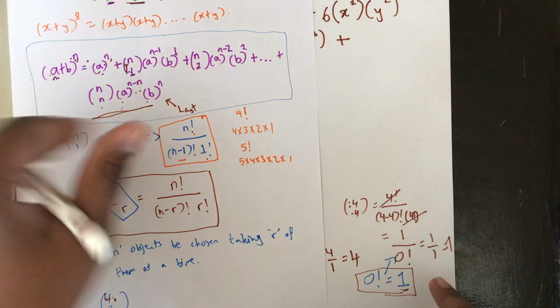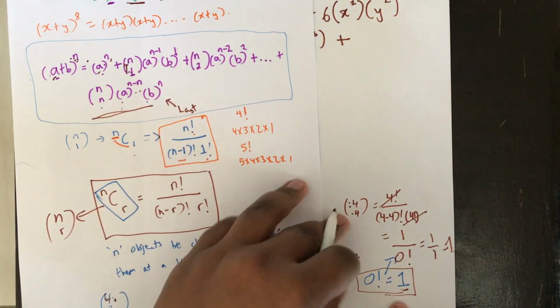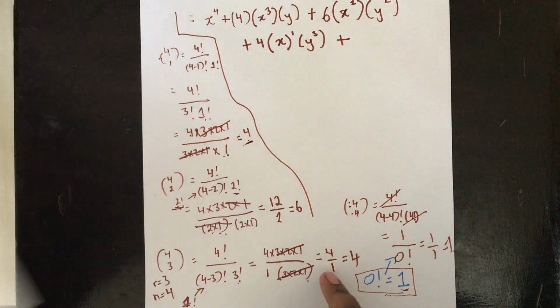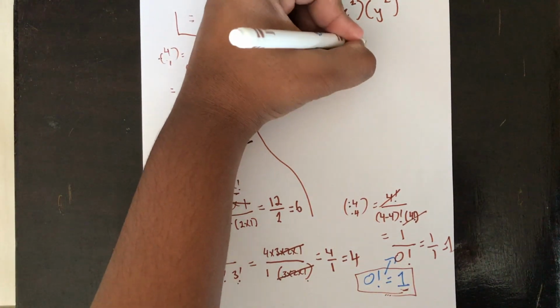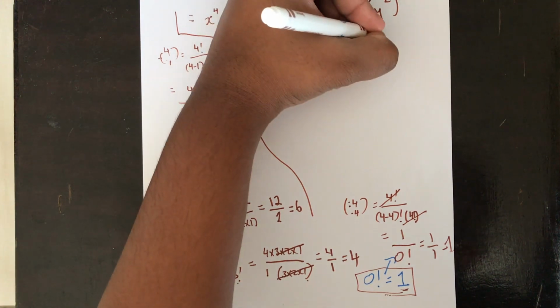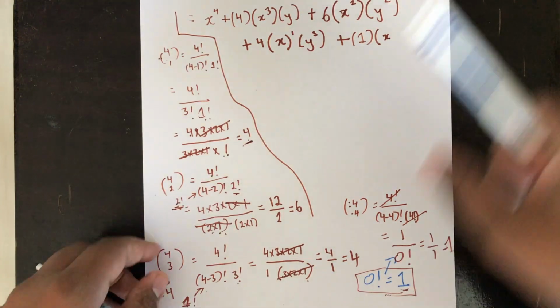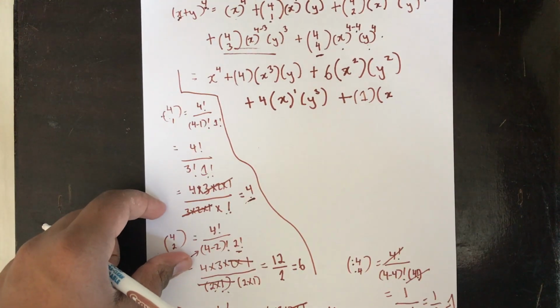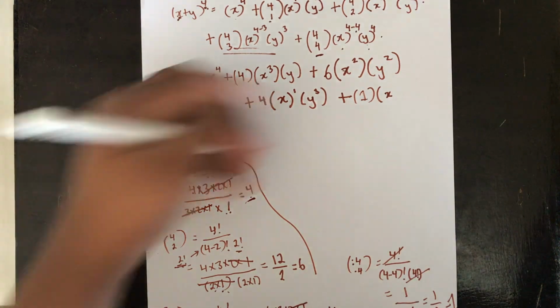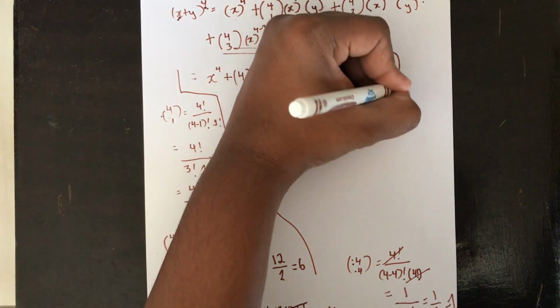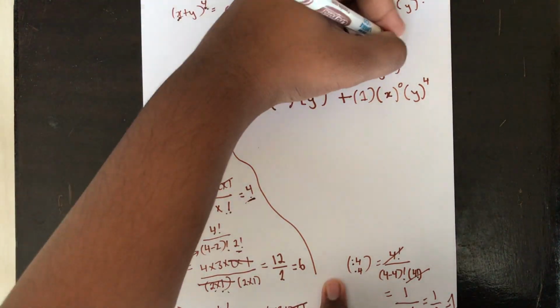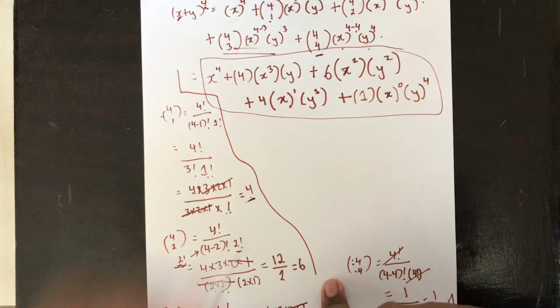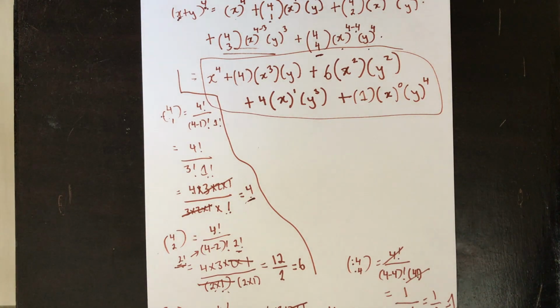So let's continue. Because 4c4, or 4 choose 4, is equal to 1, this is the same as 1 into x power 4 minus 4. What's 4 minus 4? 0, and any number power 0 is 1. So this is x power 0 into y power 4. That's the new thing I'm getting after doing the binomial expansion.